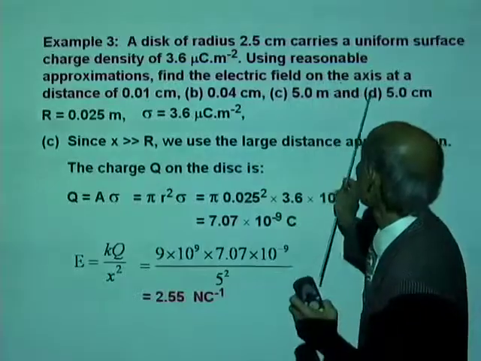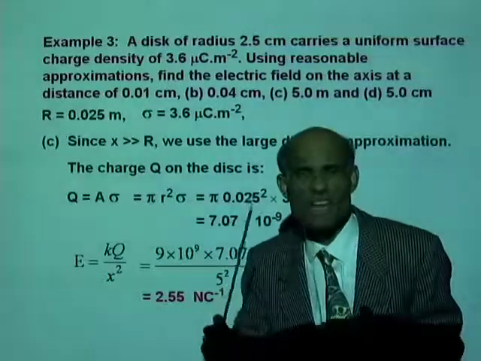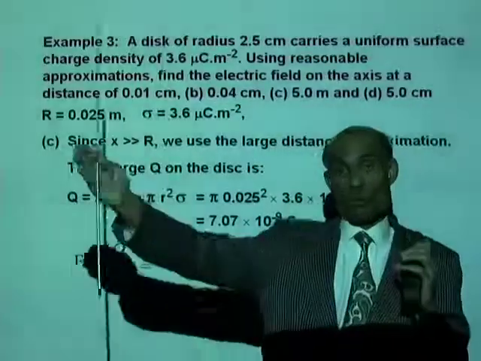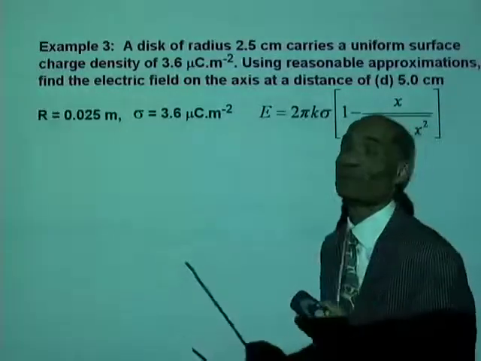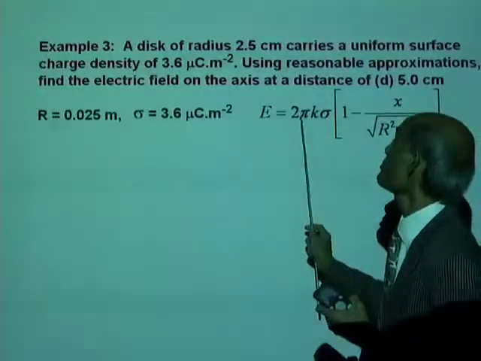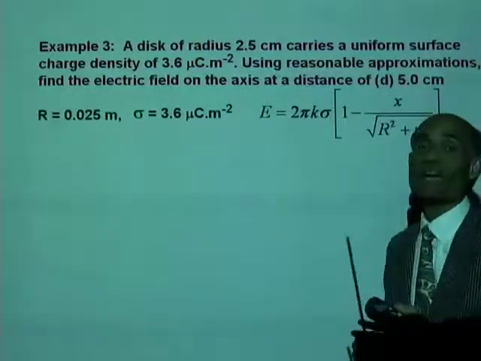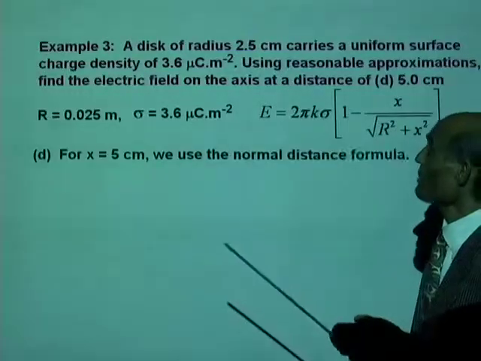How about D part? Find electric field at x equal to 5 centimeter. It is not too small, not too large. You need to use the exact formula there. The electric field is 2 pi k sigma times 1 minus x over square root r squared plus x squared.